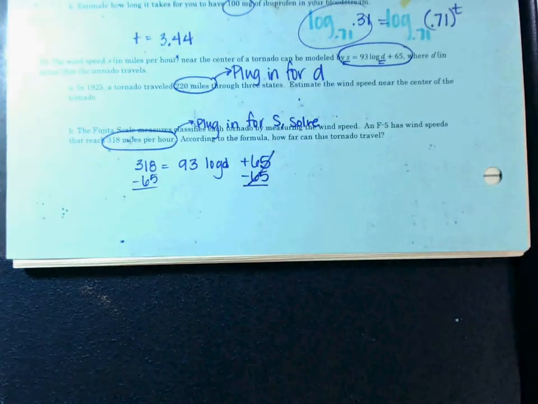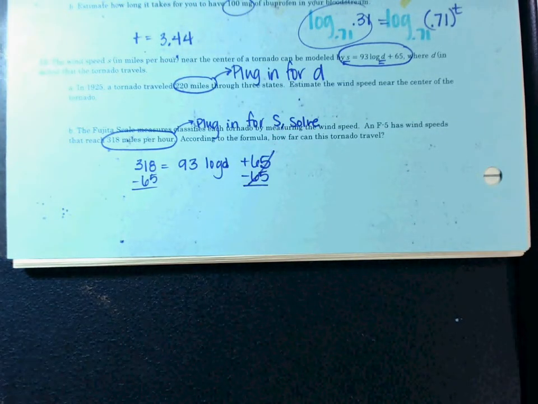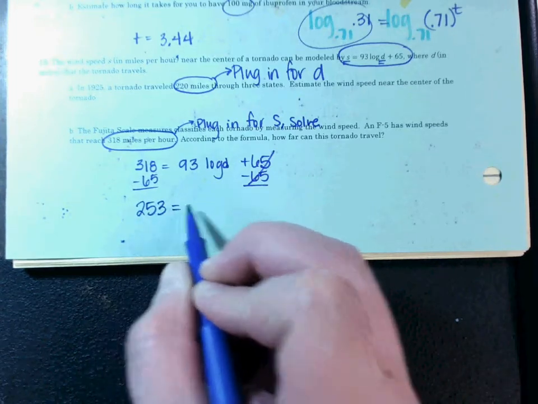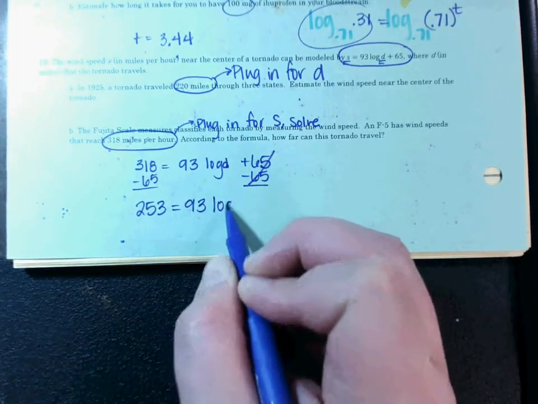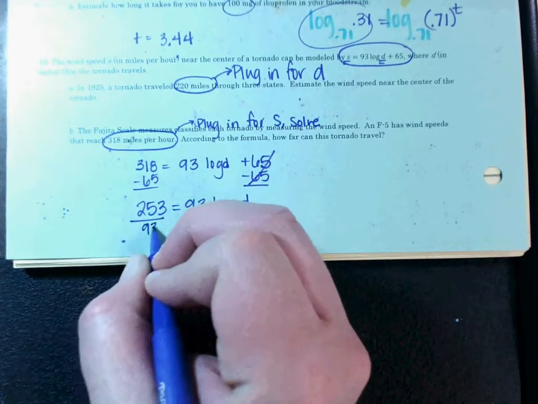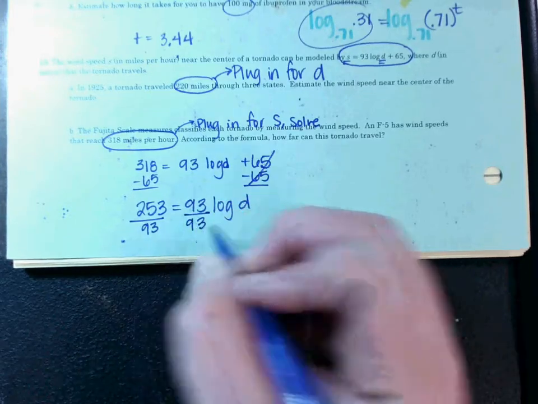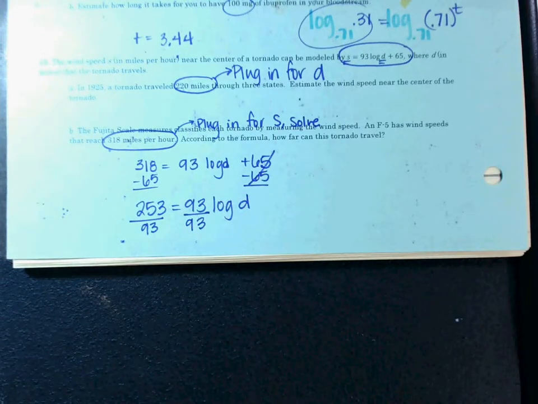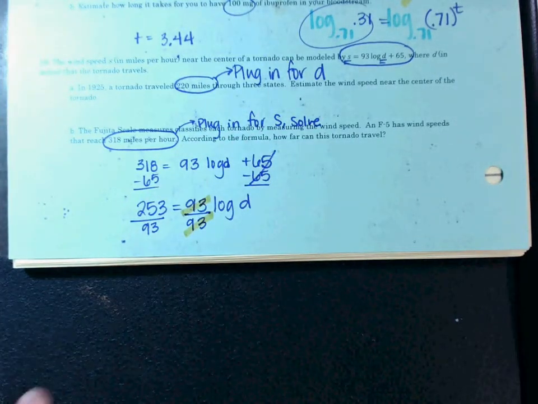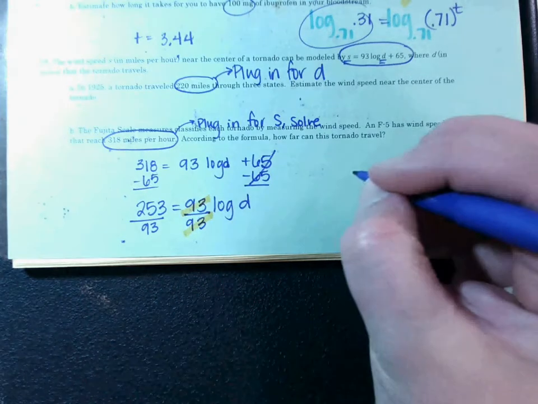What is 318 minus 65? 253. What do I do next? Divide by 93. Good. Following the same order that we solve these by when it's not a word problem. 253 divided by 93 gives me 2.72.